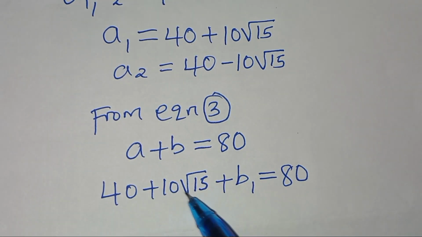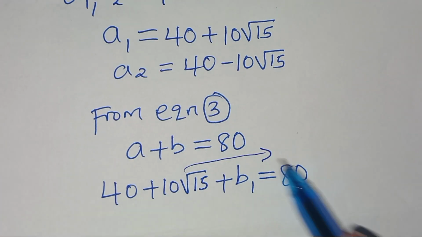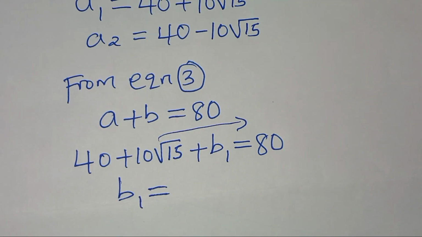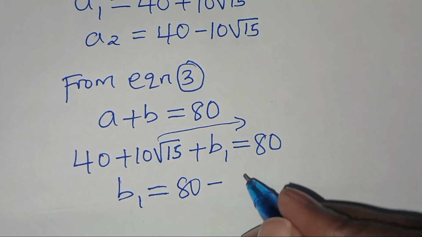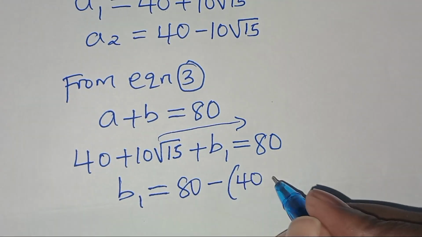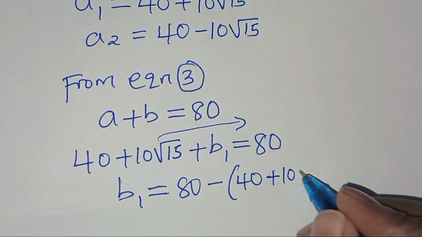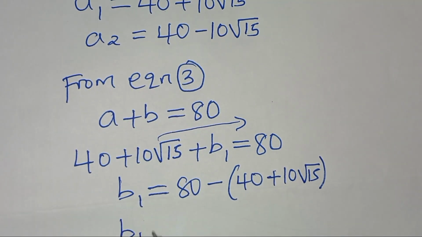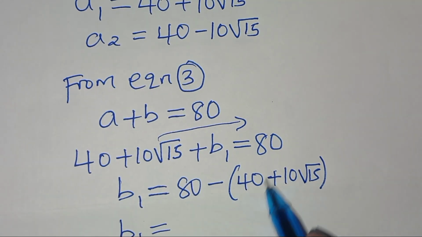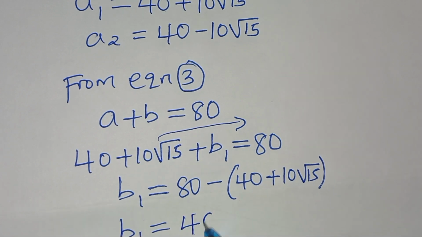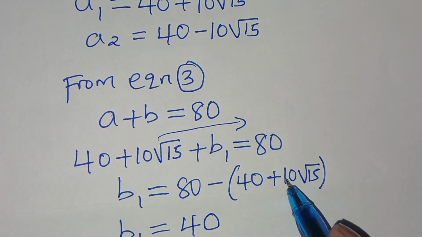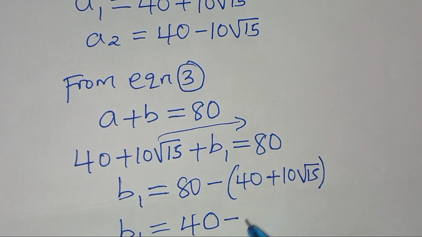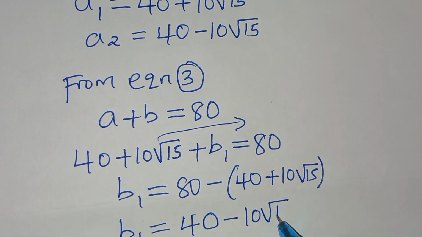So let's take 40 plus 10 square root of 15 to the right hand side, so that B1 will be equal to 80 subtract 40 plus 10 square root of 15. So that now B1 is equal to 80 minus 40. This is the same thing as 40 minus times plus 10 square root of 15, minus times positive, this is minus 10 square root of 15.